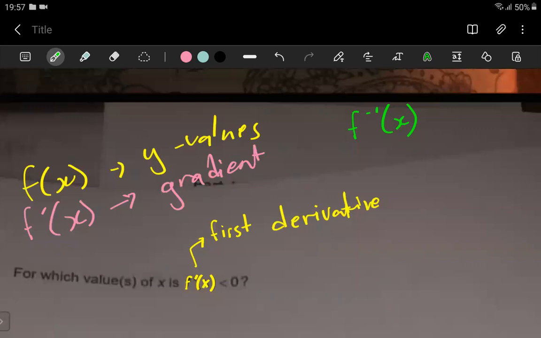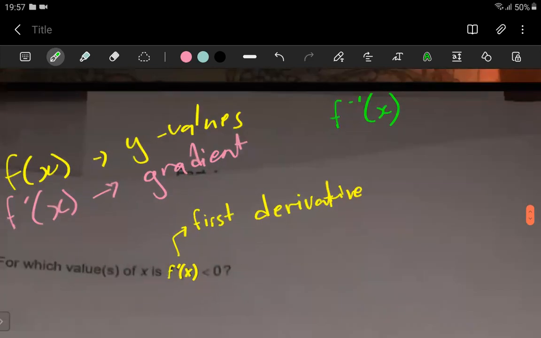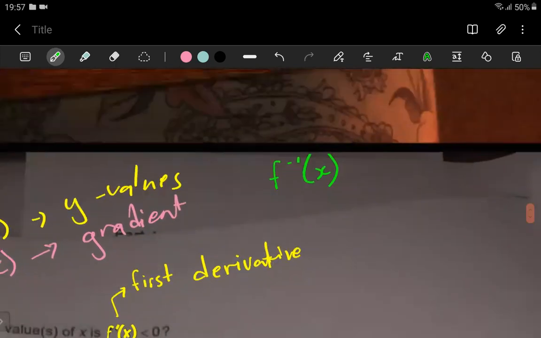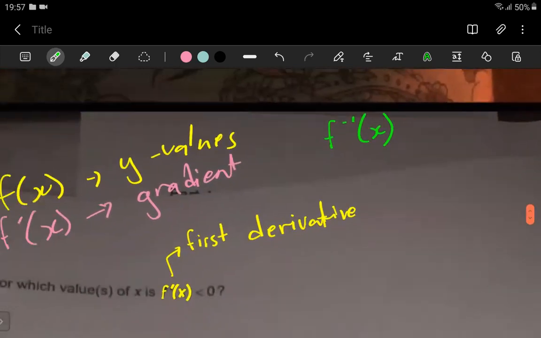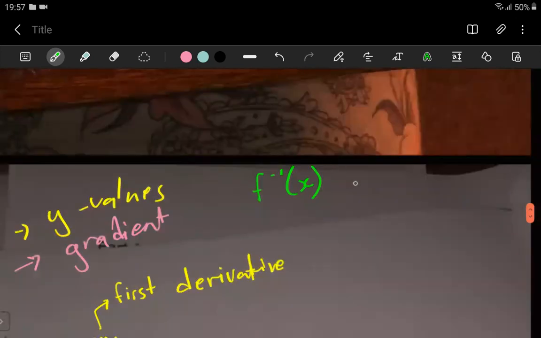Okay, let's see here. The X and Y, what swaps? Do the signs change or do they swap when it comes to inverse? Yeah, with inverse X and Y swap around. All right.